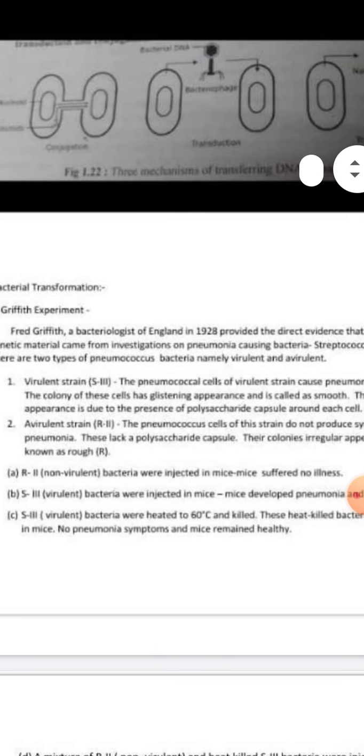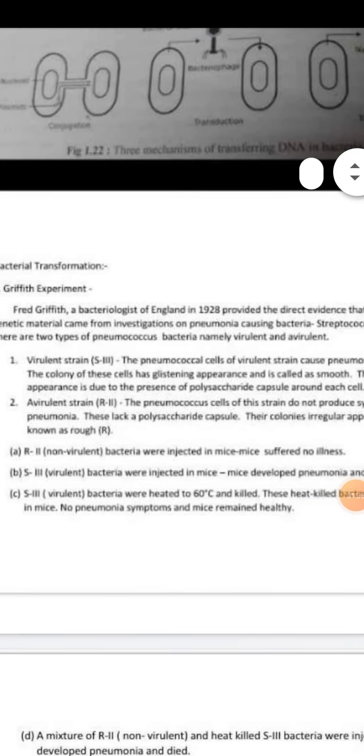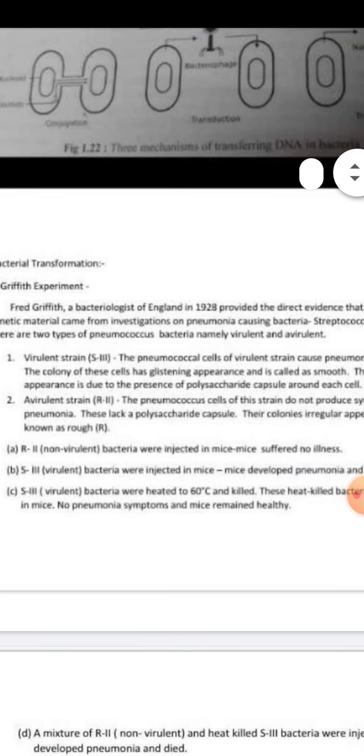There are two types of pneumococcus bacteria, named virulent and avirulent strain.